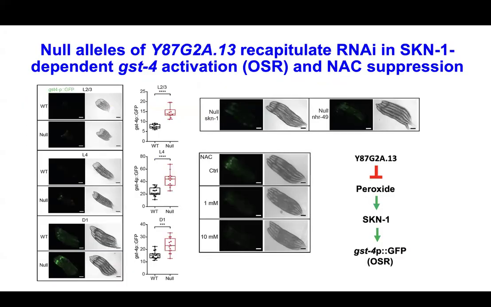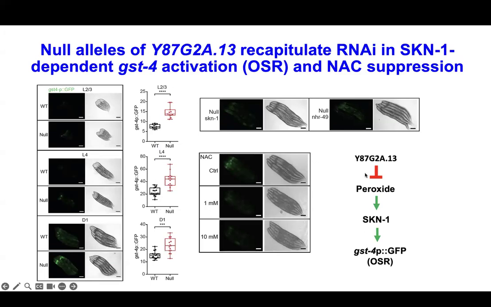But before that, we want to confirm the phenotype. So as mentioned earlier, we use two different RNAi and also a genetic knockout CRISPR deletion allele to confirm the upregulation of a GST4 GFP reporter. And GST4 was previously shown to require a transcription factor NHR49 and SKN-1, the C. elegans homolog of NRF2, the master regulator of antioxidant response in mammalian cell.